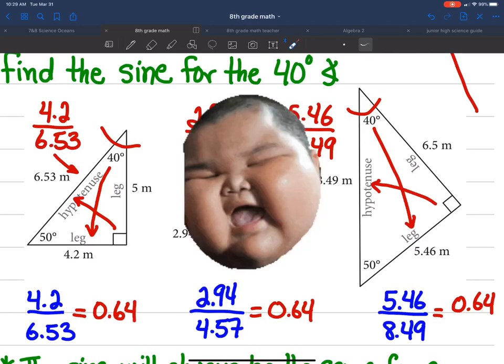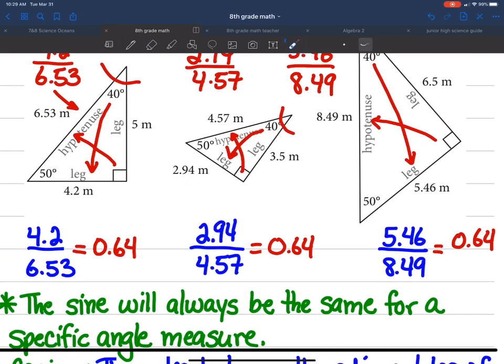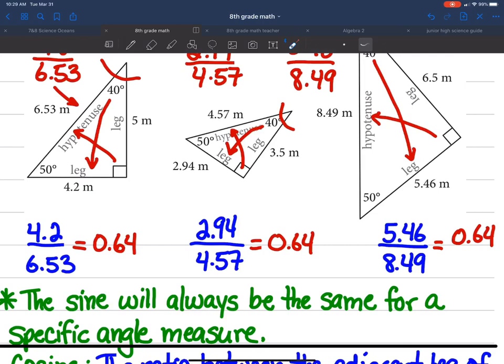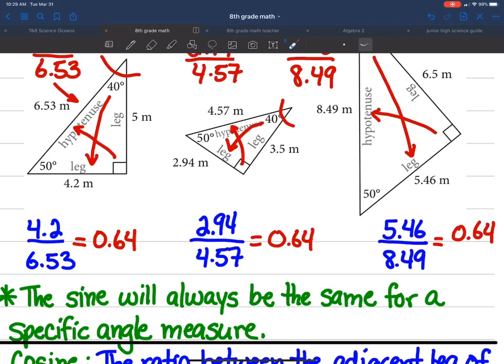Let's continue. A truth that you will find when it comes to the sine is this: the sine will always be the same for a specific angle measure.